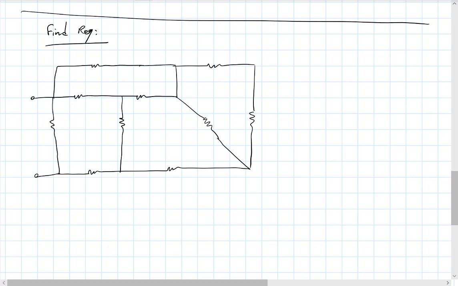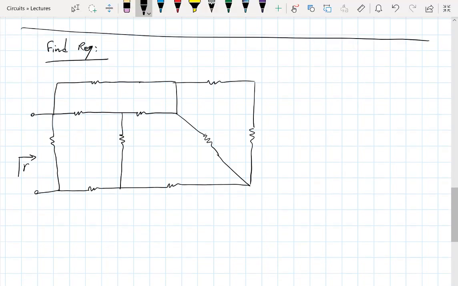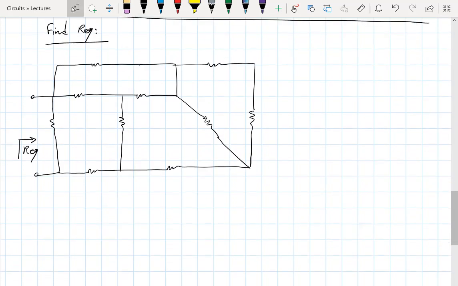Now work on this on your own. The same thing. Again, we're not concerned about numbers here, but just seeing the different parts that you can combine and simplify in steps to eventually get the equivalent resistance.